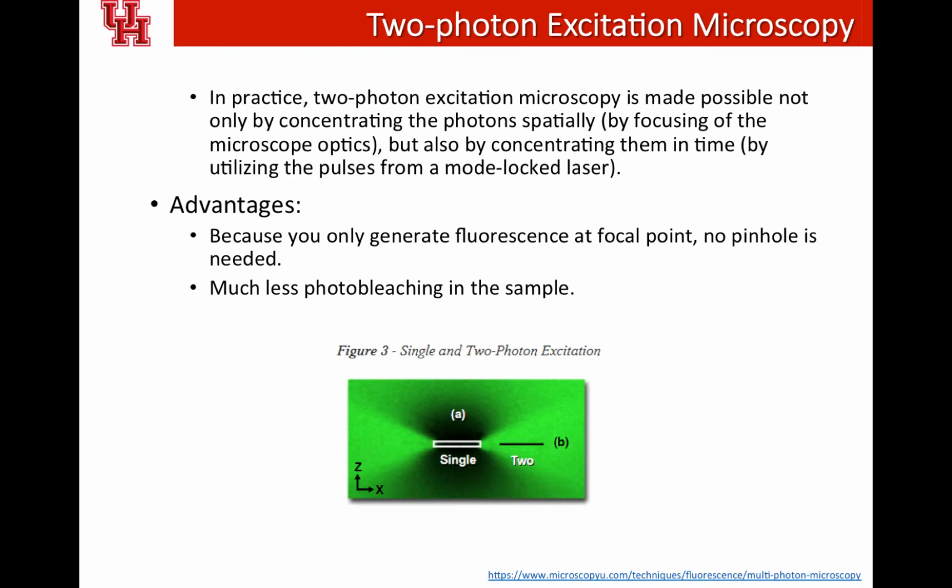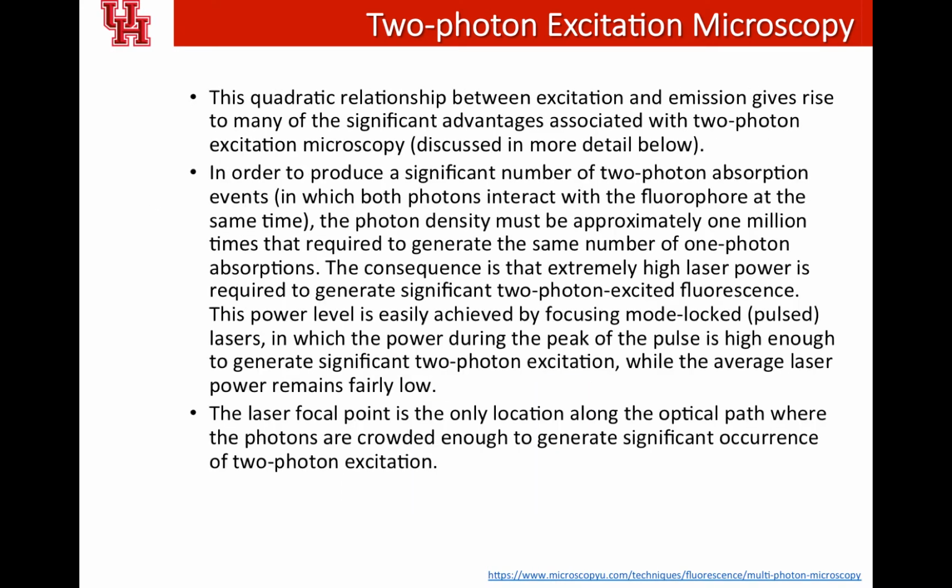All the other regions will not get excited, so they will not photobleach, because they never absorb those long wavelength infrared photons, except for two photons at the same time with really low probability. So you can focus on a really small spot and only excite there, without affecting anything along the light path. That's the advantage.